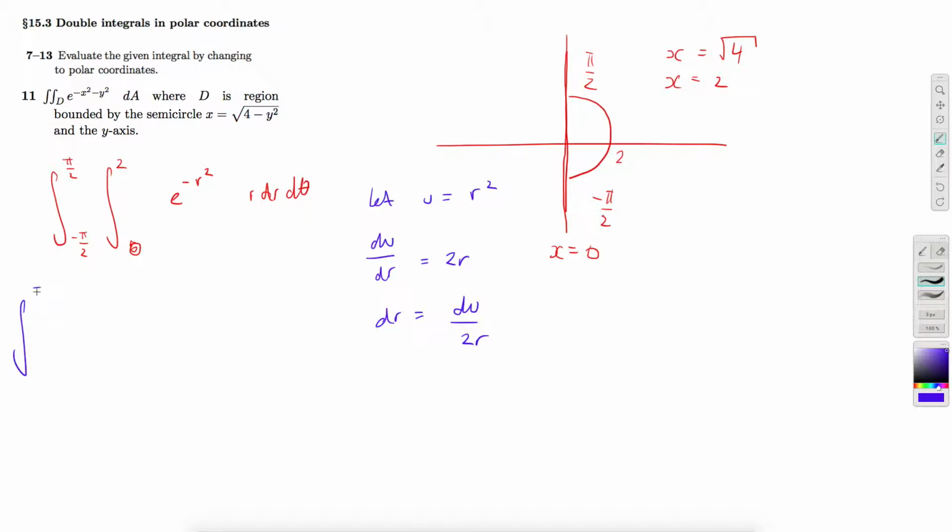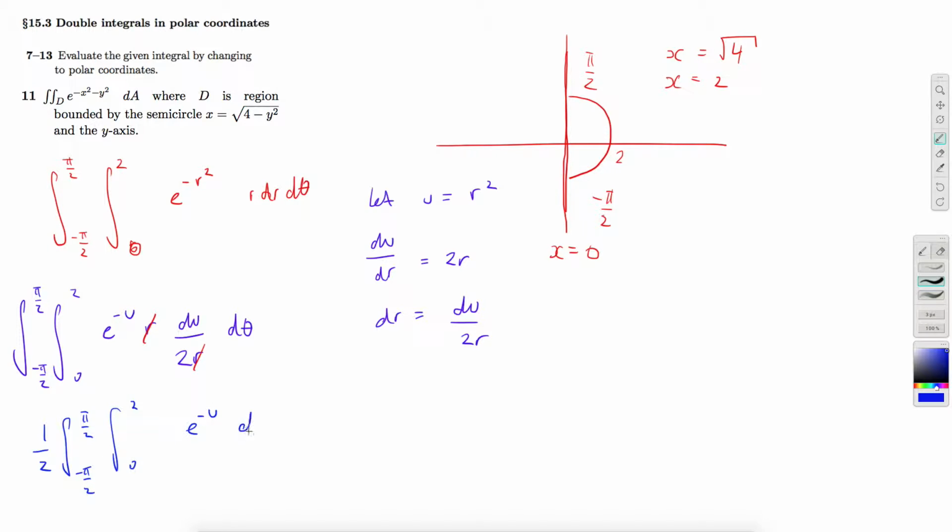We sub those points in to 0, e to the negative u r du over 2r d theta. Then we can cancel stuff out. That cancels with that. Then we can say, well, we have 1/2, pi on 2, negative pi on 2, 0, e to the negative u du d theta.